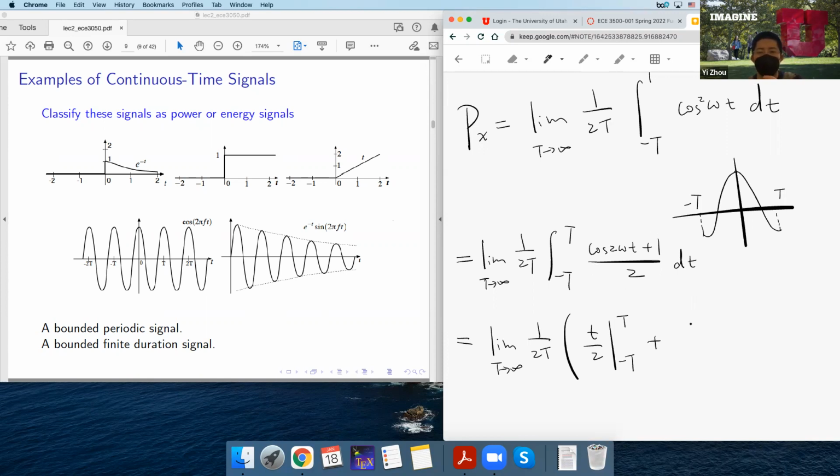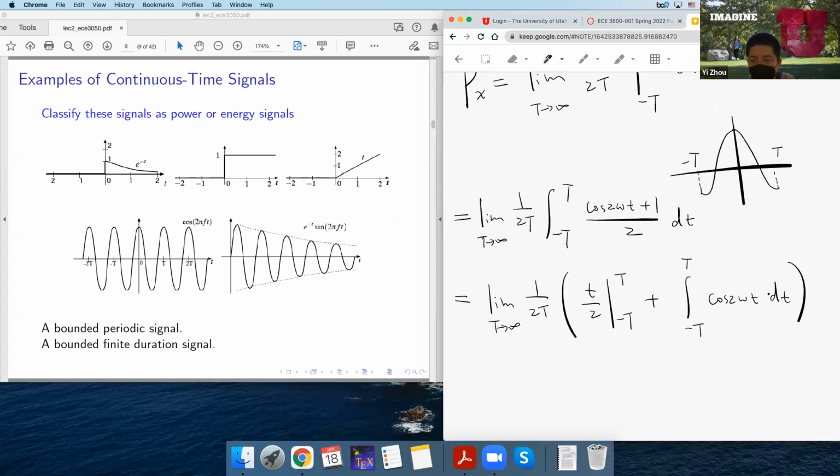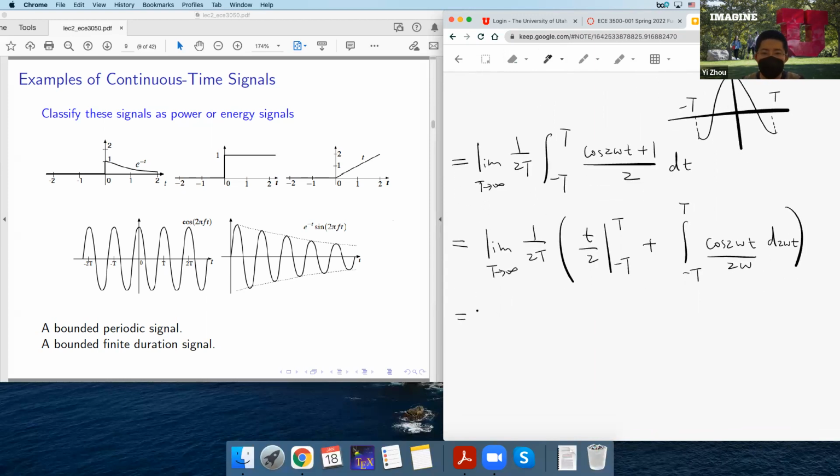The other part is, and I can multiply this by 2 omega. So it's basically 2 omega t divided by 2 omega. Okay, so keep going. This is 2 capital T, so we have capital T here.